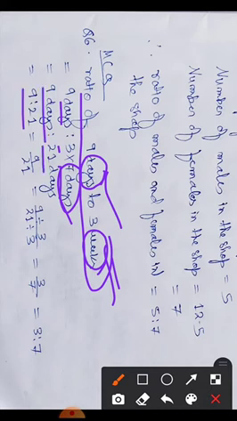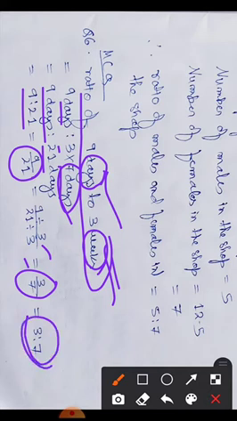Now 9 is to 21 we can write as 9 by 21. Then 9 and 21 must be divided by the same divisor or factor, that is 3. So if you divide you will get 3 by 7. Now 3 by 7, both of them are prime numbers, that means they cannot be divided further. So these are also in the simplest form and your ratio. So your answer will be 3:7.